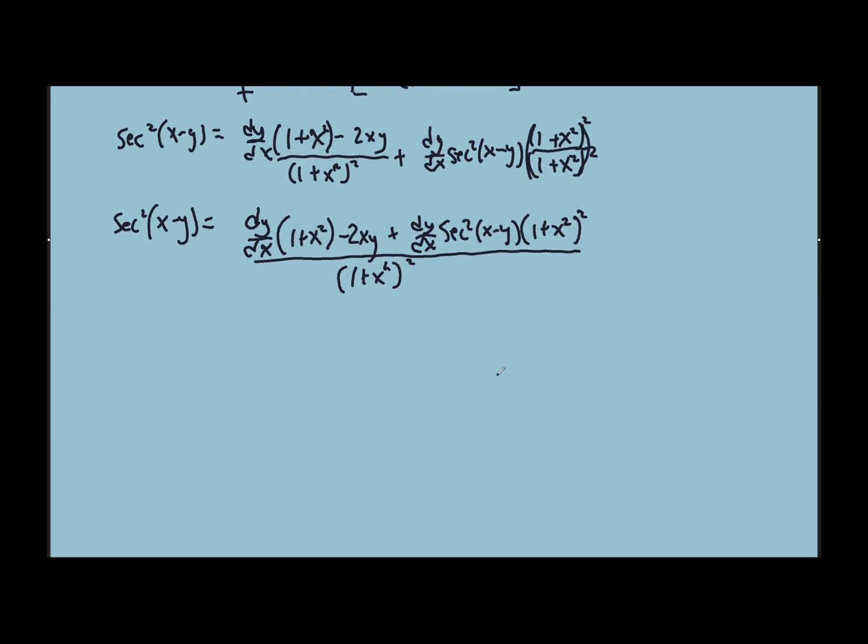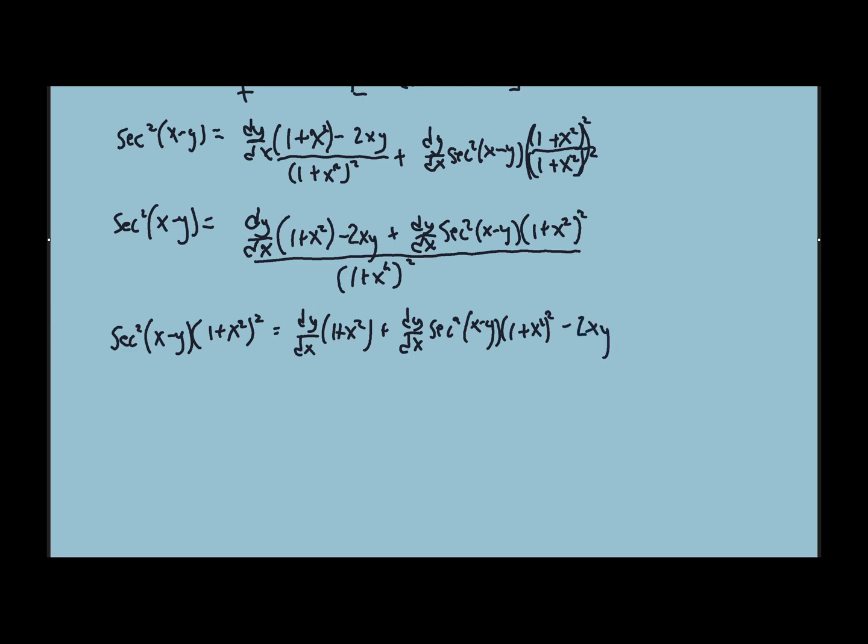So we'll multiply that up to here and remove anything that I can. So we'll say secant squared (x minus y) times (1 plus x squared) squared equals dy dx (1 plus x squared) plus dy dx secant squared (x minus y), and that's times (1 plus x squared) squared, and minus 2xy out there on the end.